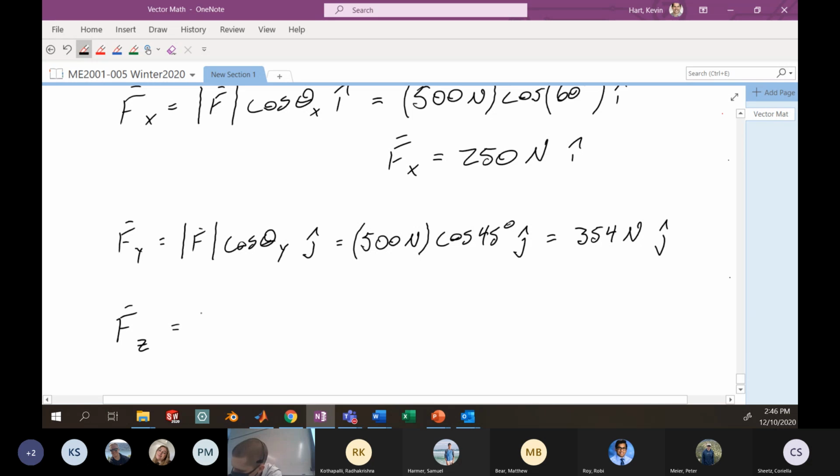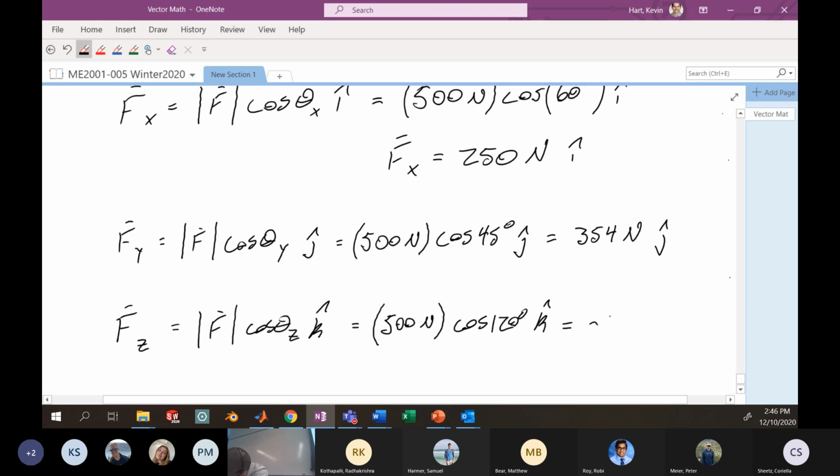Finally, my force in the z. This will be 500 newtons times cosine 120 degrees in k hat. So here we're pointing slightly backwards, negative 250 newtons k hat. So those are the three components of this force in the various directions: 250, 354, negative 250 in i, j, and k.